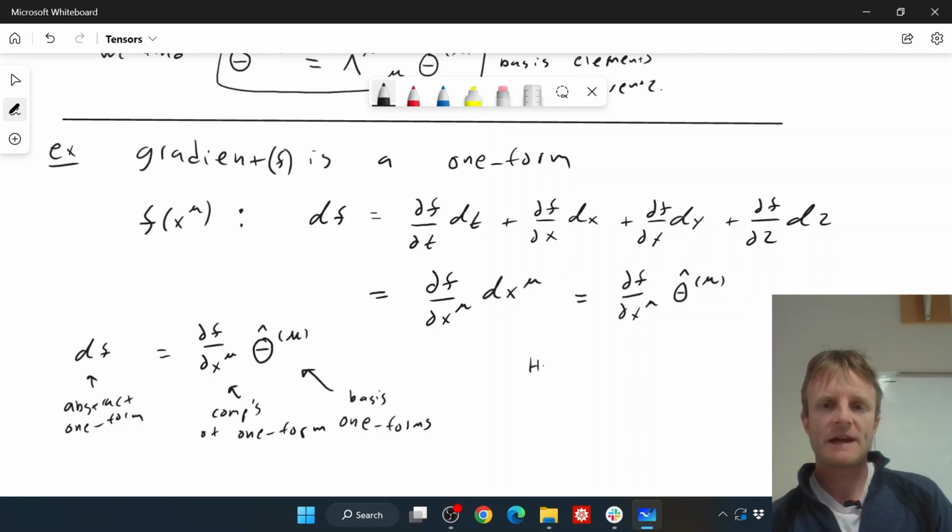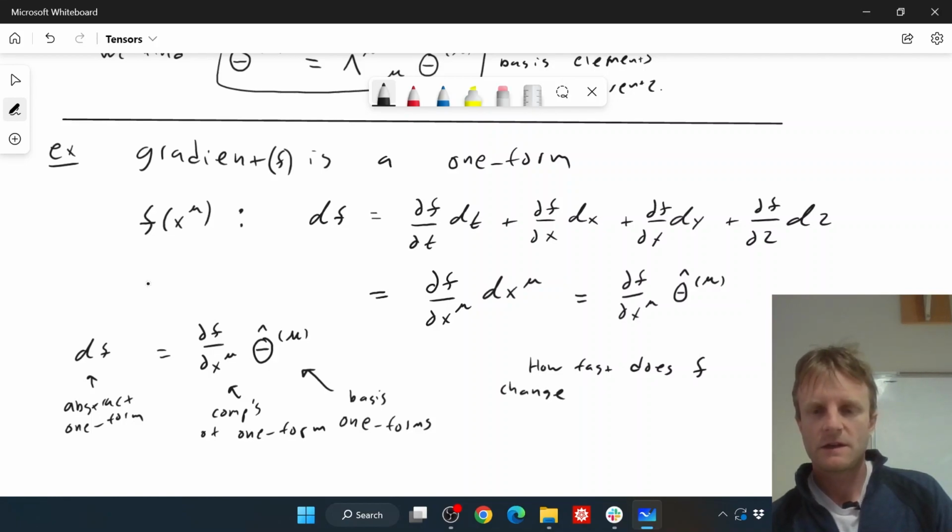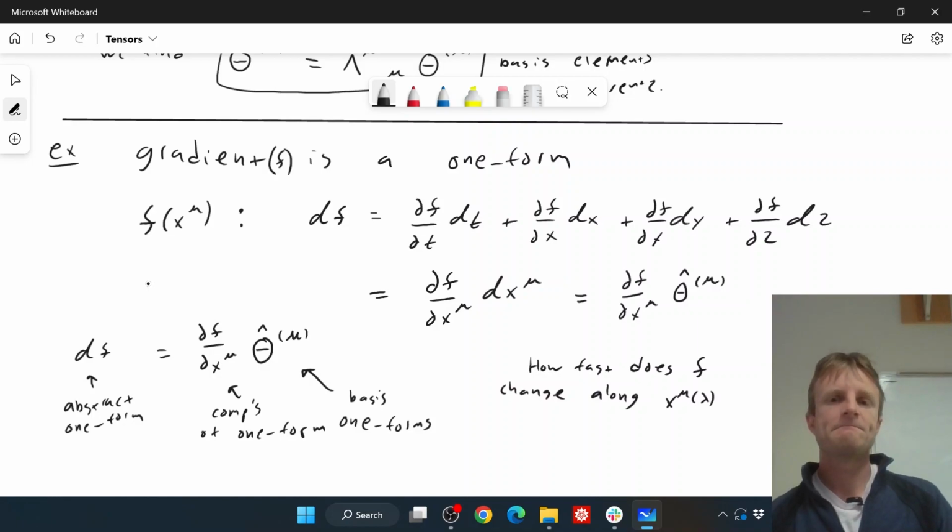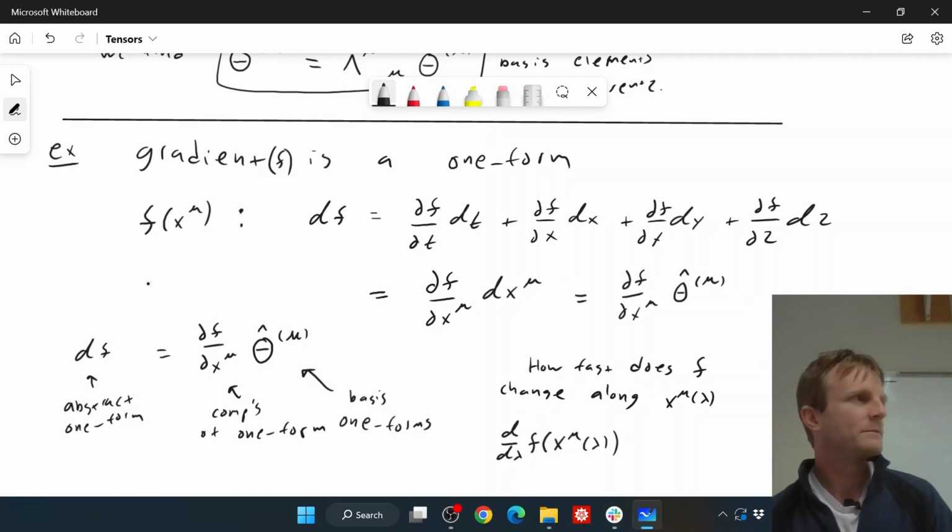So suppose we were asking, how fast does f change along a curve x mu of lambda? Normally the way we would do that is we would just take the lambda derivative, d by d lambda of f, evaluated at x mu of lambda. That would be the answer to that question.